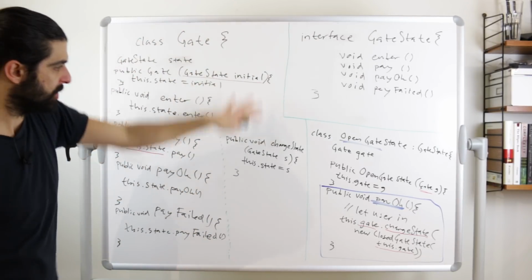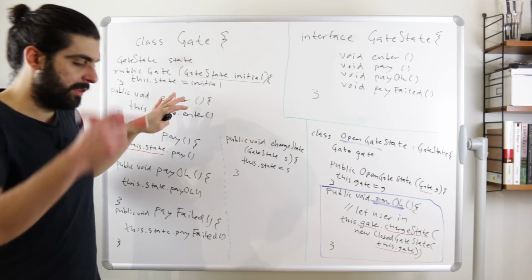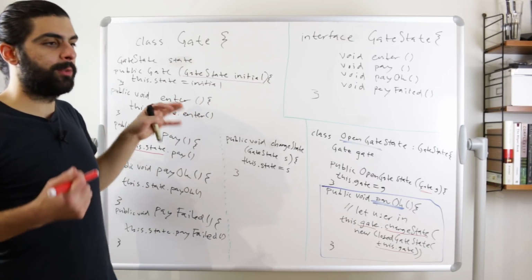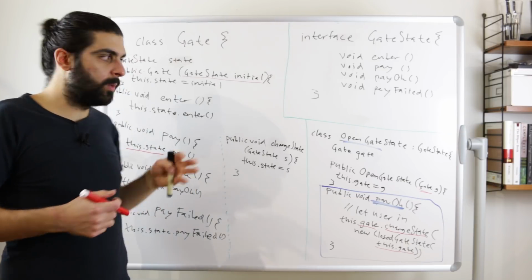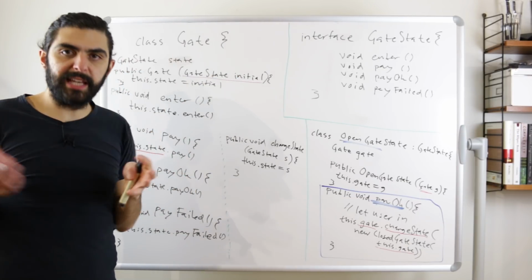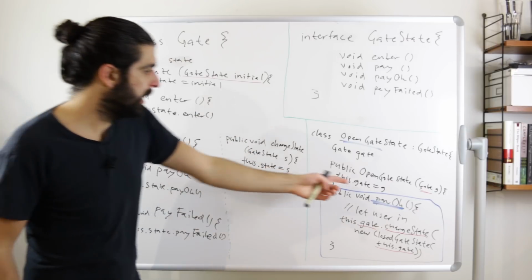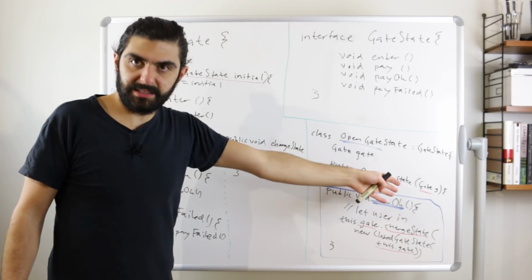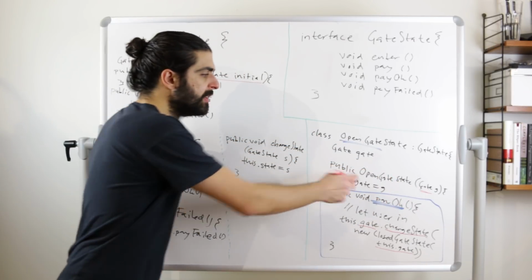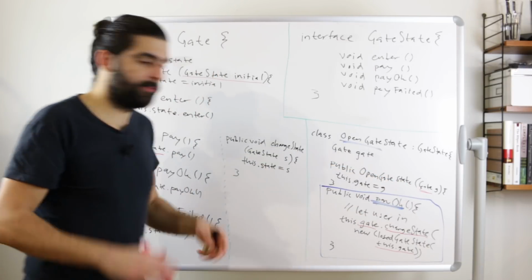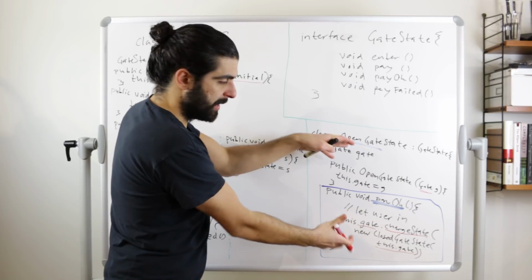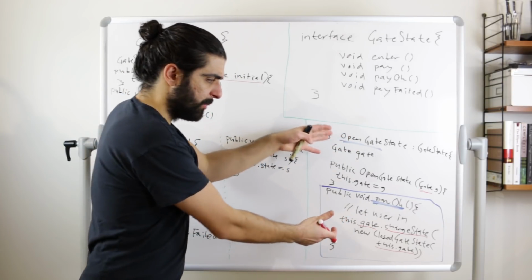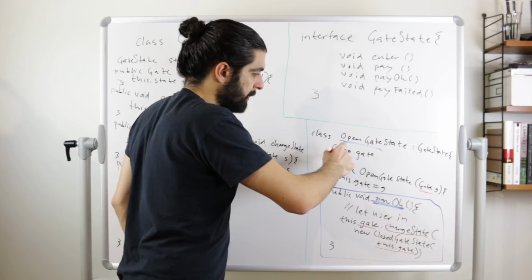We are instantiating a gate, and the state of this gate needs to have a reference to this gate that we are instantiating. So we can't build the gate state beforehand if we are supposed to inject the gate into the gate state. We could if we mutate the gate state, if, let's say, we call set gate on the gate state. I think generally that's a pretty bad idea, so try to avoid doing that. But we could do that.